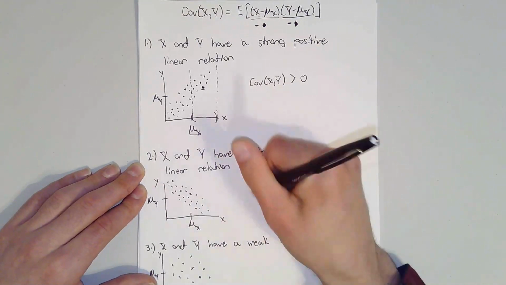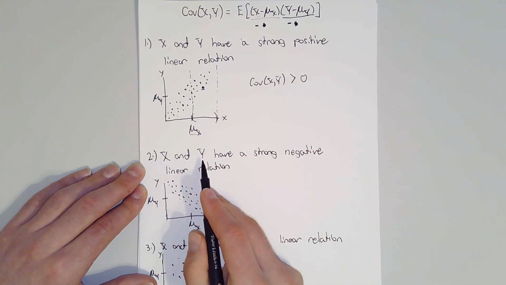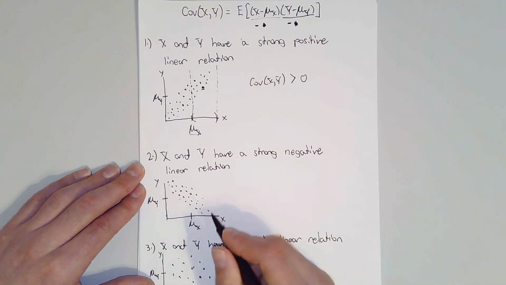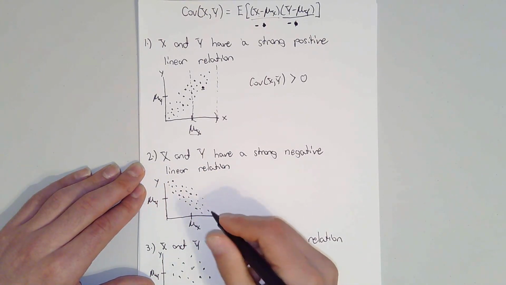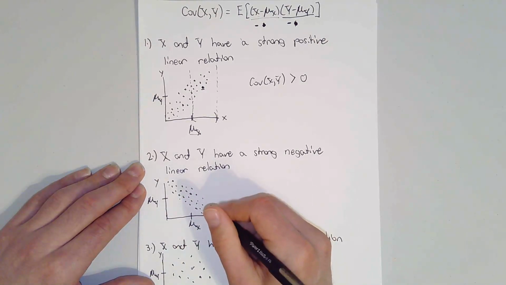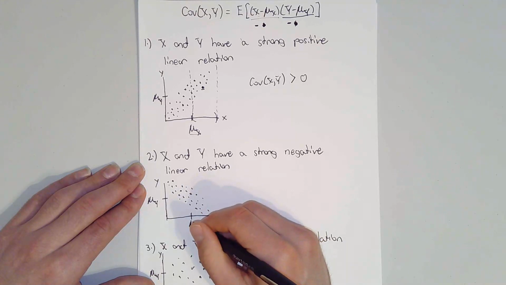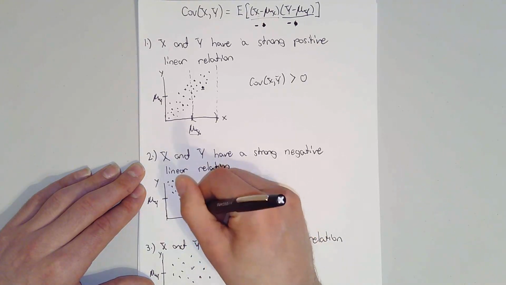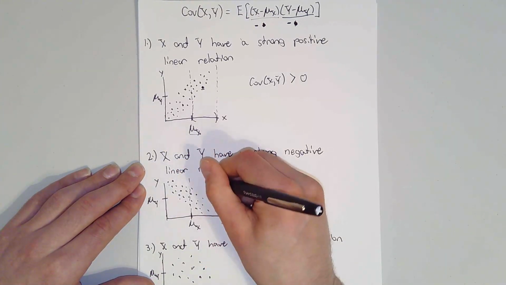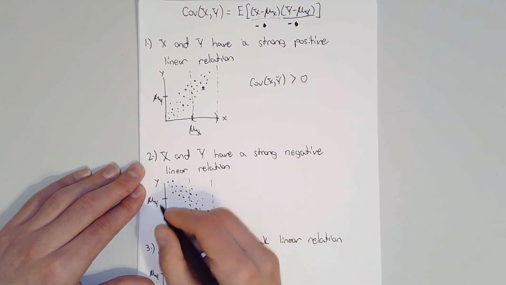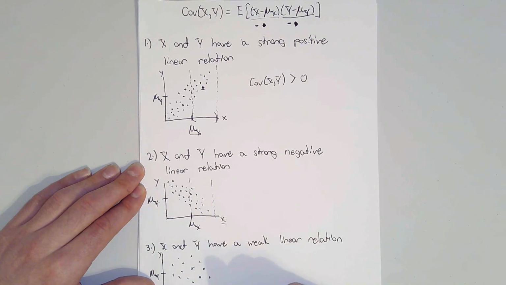Similarly, when capital X and capital Y have a strong negative linear relation, you have the reverse effect. In other words, outcomes in our sample space in which the x-coordinate is greater than the mean will correspond to points in which the y-coordinate is less than the mean.